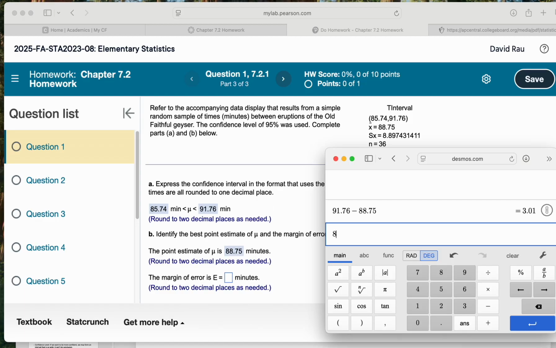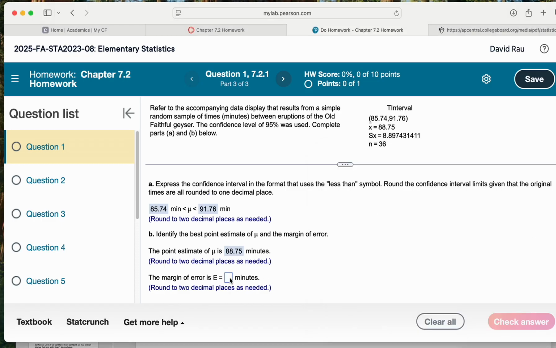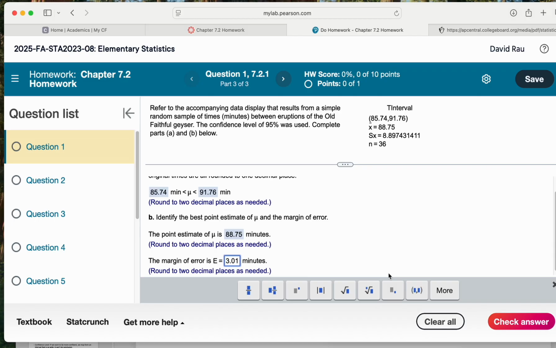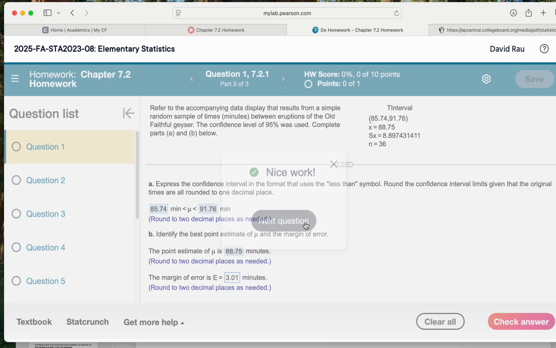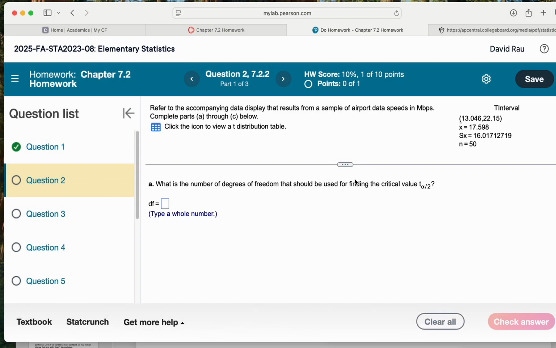Or, right, I could take my 88.75 and go to the lower value, the 85.74. And look at that, I get the same answer. So that must be my margin of error. How much did I move from my point estimate, either up or down? An even amount. I went 3.01. So really easy question there. No real math required.